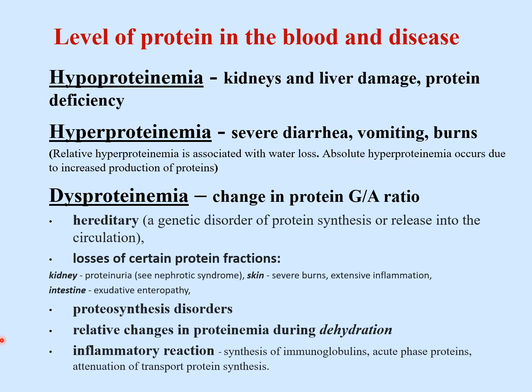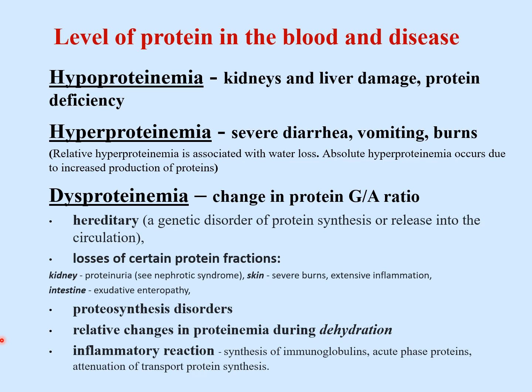If we talk about albumins, albumins are synthesized in the liver. Alpha 1, alpha 2 and part of beta globulins are synthesized in the liver. Only part of beta globulins and gamma globulins are synthesized in cells of the immune system. And that is why hypoproteinemia can be a result of liver diseases.